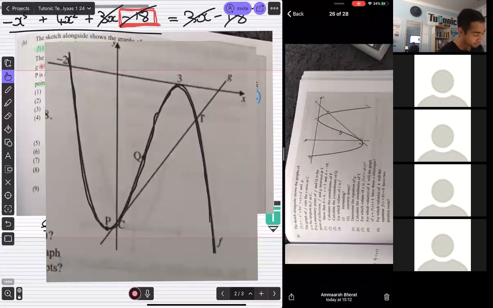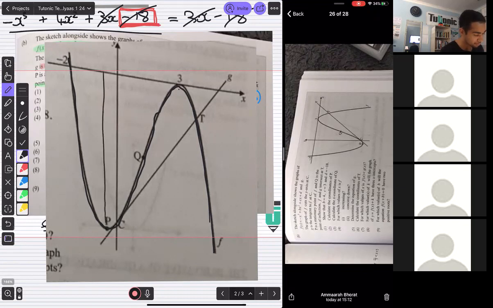So what is the vertical distance between here and this turning point? What's the y value of p? Negative 18. Yeah, negative 18. What's the y value here? Let's just say it's negative 19, right? It's the same concept.